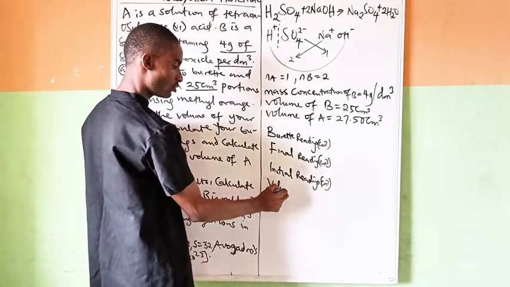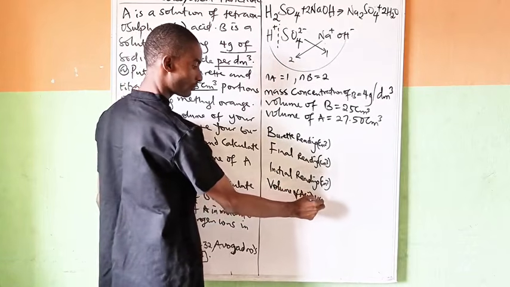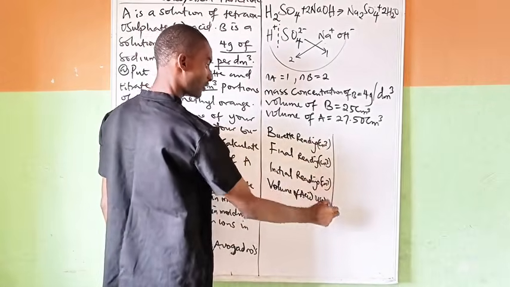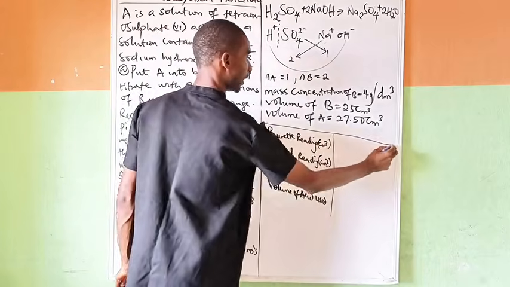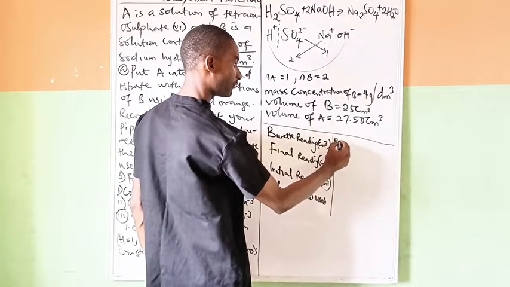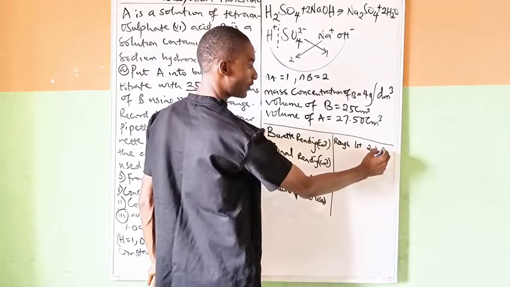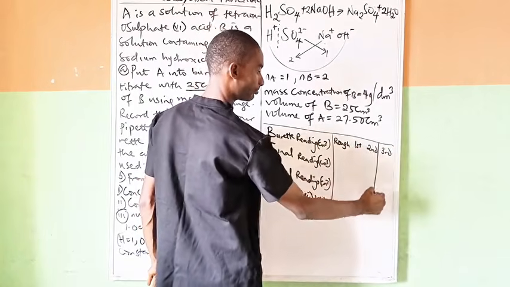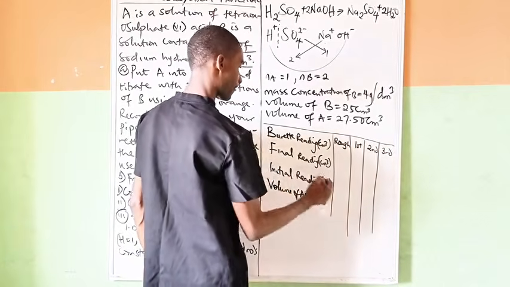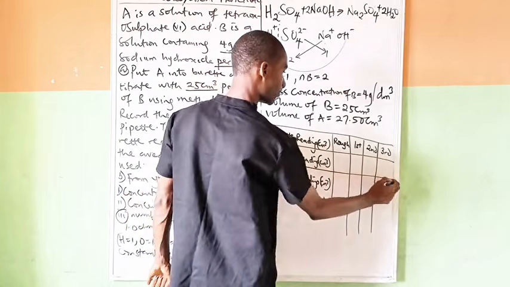Then volume of acid used. Average volume of acid used. So you tabulate it something like this, and then you can have four columns here: you have your rough, your first, your second, and your third. So this is how your table should look like.